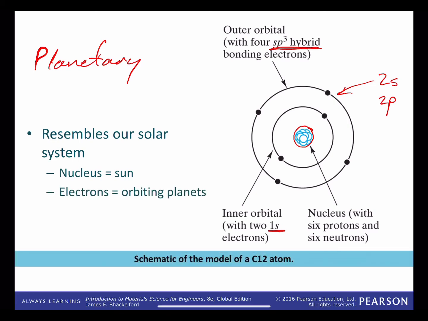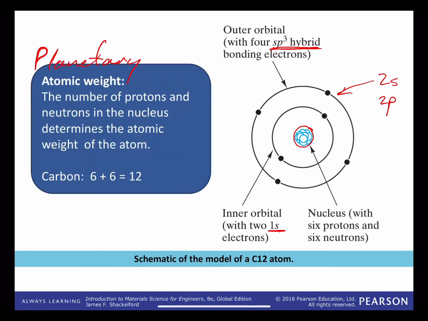Okay, so hopefully you've been able to see the similarities here between our solar system, the nucleus being the sun, and electrons orbiting, if they are particles, in this model, just like planets around the sun. Okay, to reemphasize, we saw on the previous slide that the nucleus has the 6 protons and the 6 neutrons, and their total mass here would give us the 12.